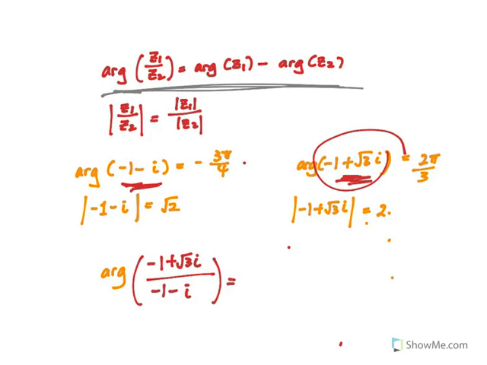So it should be 2 pi over 3, subtracting -3 pi over 4. And you obtain your answer to be 17 pi over 12.